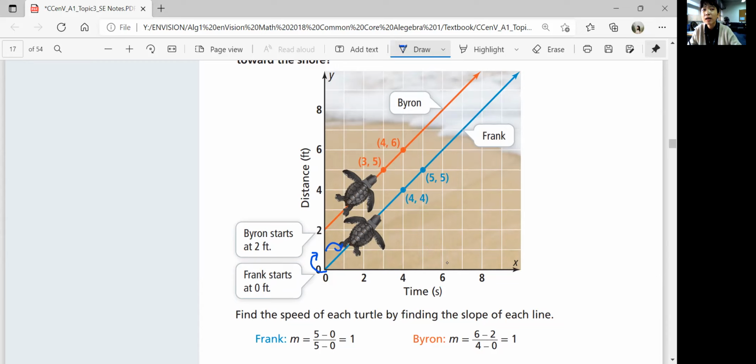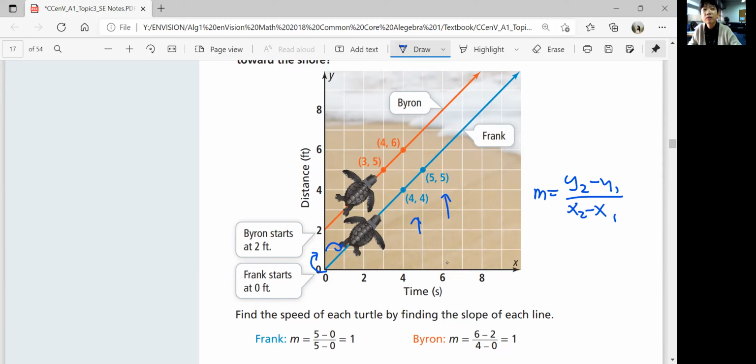So rise over run, 1 over 1 is just going to be 1. Or you can use these points, 5, 5, and use the slope formula. Right? y sub 2 minus y sub 1 over x sub 2 minus x sub 1 would be your slope, considering 2 points.